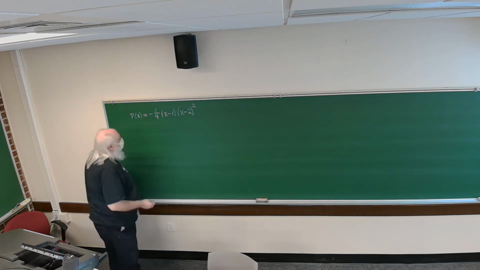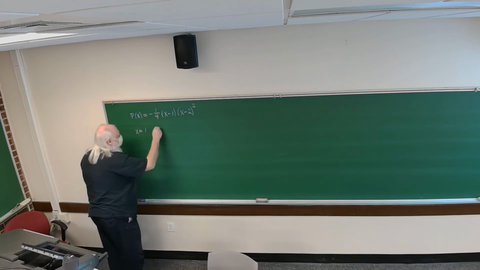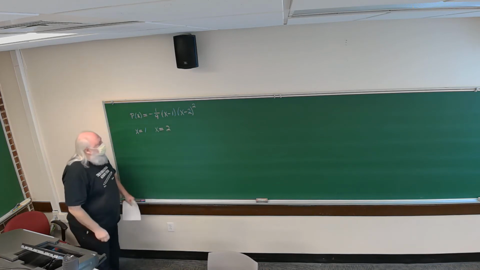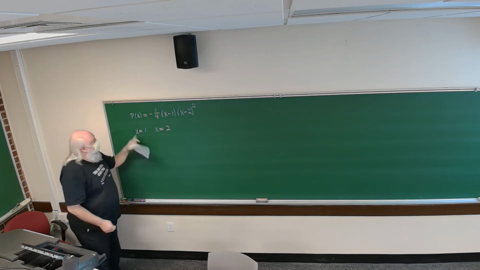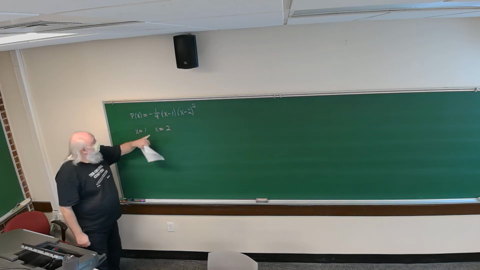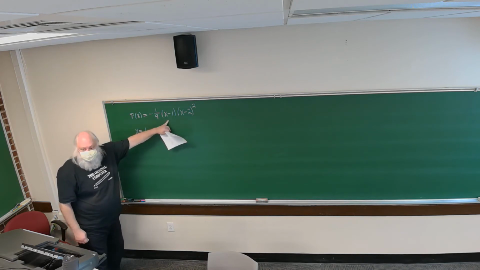So the x-intercepts in this graph are at x equals 1 and at x equals 2. So we'll graph those. I went one step further. I actually calculated the y-intercept. For the y-intercept, you put in 0 for x.